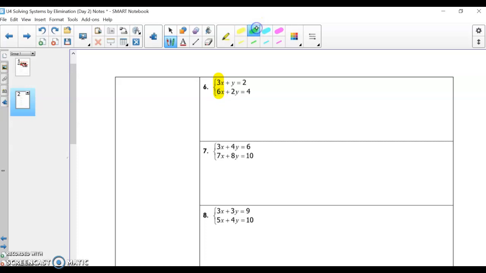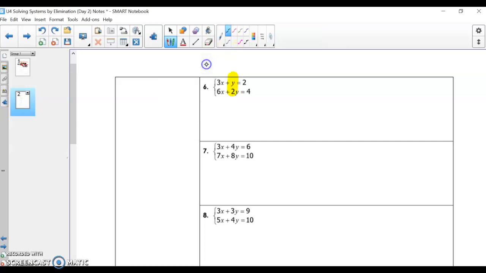Are these the same? Is there a way I can get from 3 to 6 or 6 to 3? Or is there a way I can go from y to 2 easier? In this case, the easiest one is going to be getting those y's to be the same. So we're going to look at those. These y's, I'm going to work on getting those to be the same number.